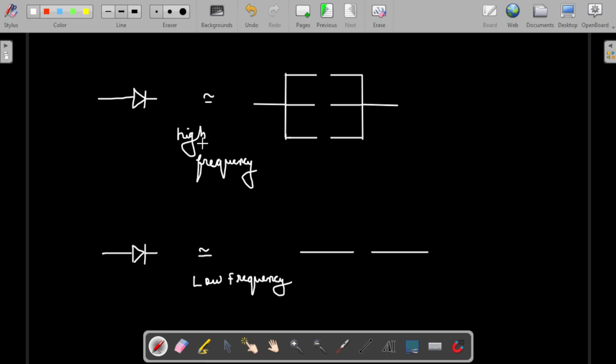So in high frequency, whatever thing will come into picture is the diode resistance. In DC also, the diode resistance will come into picture, which can be named as RD, and here also it can be named as RD. Okay, both are same. So here two kinds of capacitance will act at higher frequency, which are CT as well as CD. So both kinds of capacitance will act at the higher frequencies.